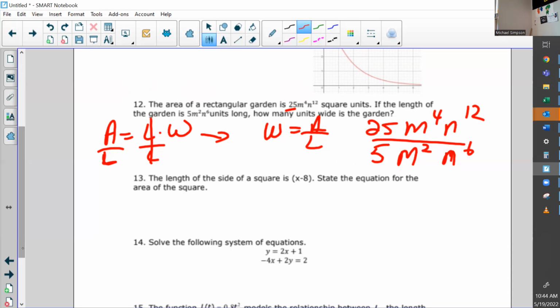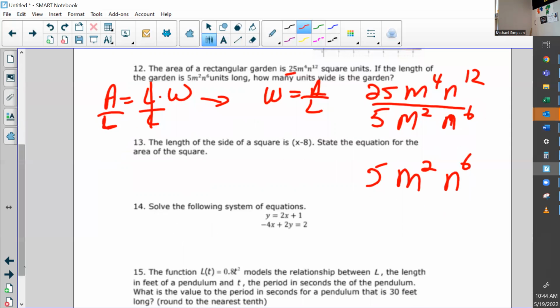Look at your reference sheet, guys. It tells you how to handle exponents. 25 divided by 5 is 5. And for the m's, we just subtract the exponents: 4 minus 2 is 2. And for the n, 12 minus 6 is 6. So that's the width right there. Good.